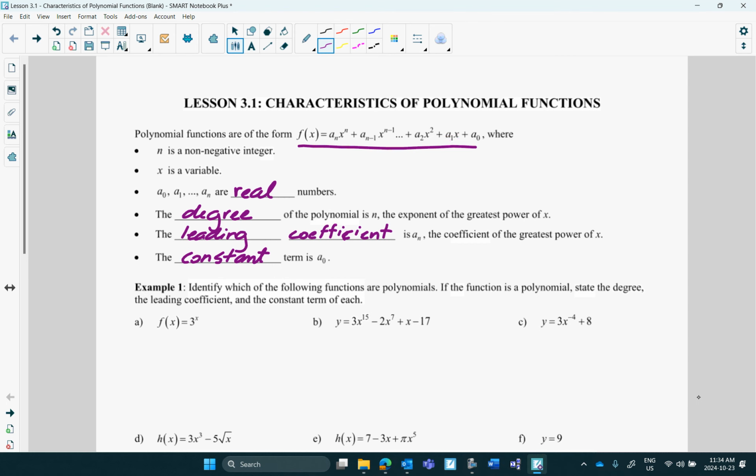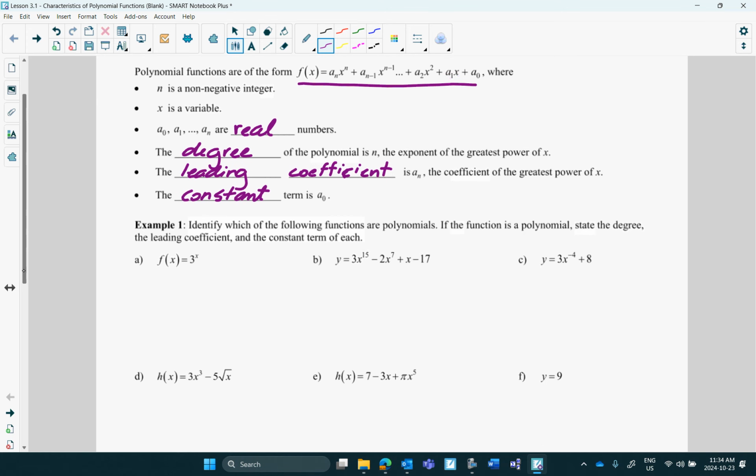So our first example is basically we're going to look at different functions, and we have to determine whether they're polynomial functions or not. If it is one, we want to state the degree, the leading coefficient, and the constant. So the first one.